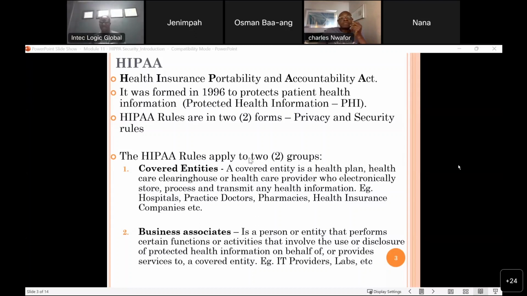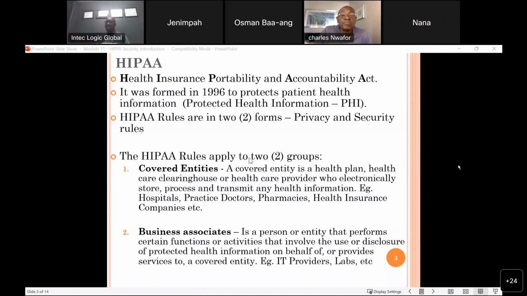Business associate. It's a person or entity that performs certain functions or activities that involve the use or disclosure of protected health information on behalf of or provides services to a covered entity. An example is an IT company.